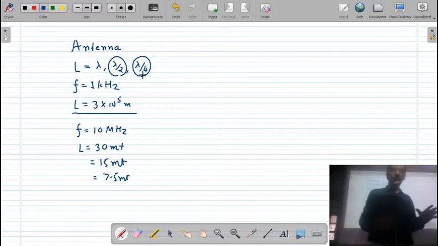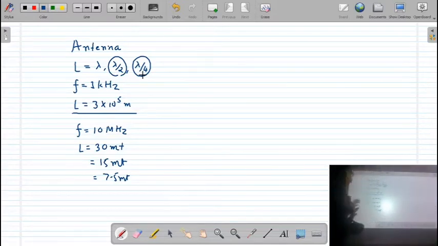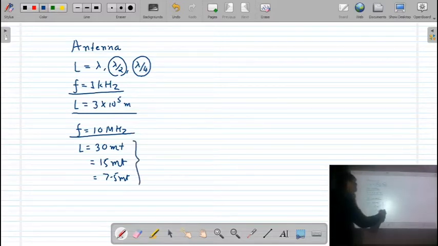So here you can say that if instead of a low frequency like 1 kilohertz, we transmit a frequency of 10 megahertz, then the length of the antenna is going to be very short, and therefore you require modulation, because we cannot transmit a low frequency directly, but we can transmit a high frequency.